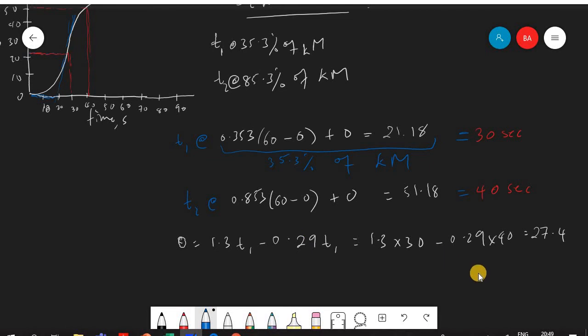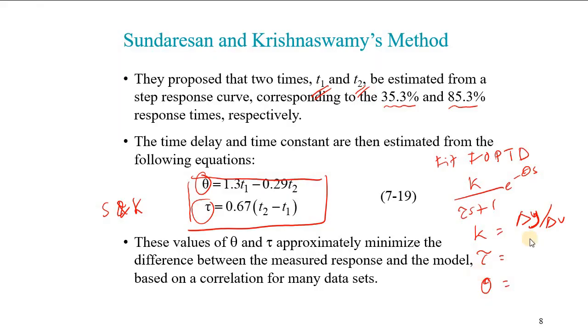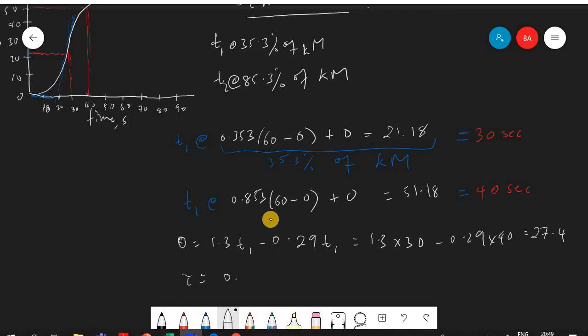Continuing how to calculate tau: tau is equal to 0.67 into T2 minus T1. So 0.67 into T2, which is 40, minus 30, and that is 10, so that would be 6.7.